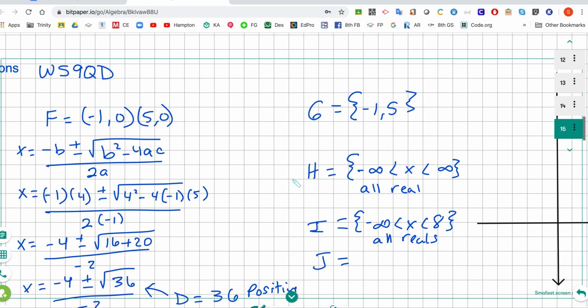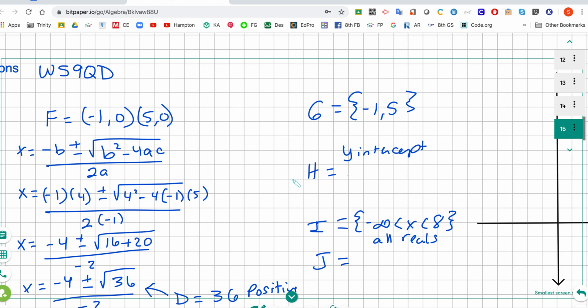I forgot to do your y-intercept. So for my y-intercept, x is 0. So I'm going to go ahead and plug that in, and y is equal to -x squared plus 4x plus 5.